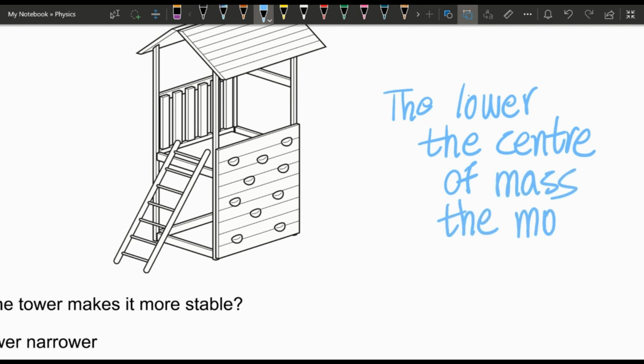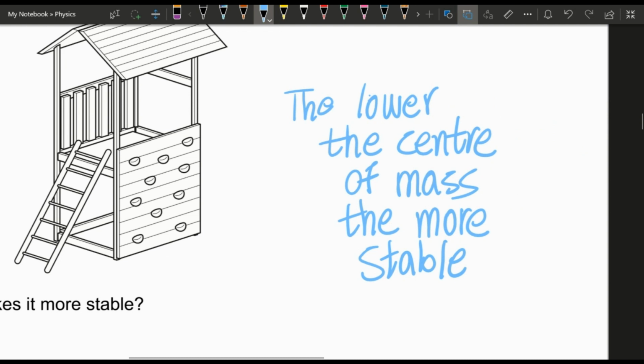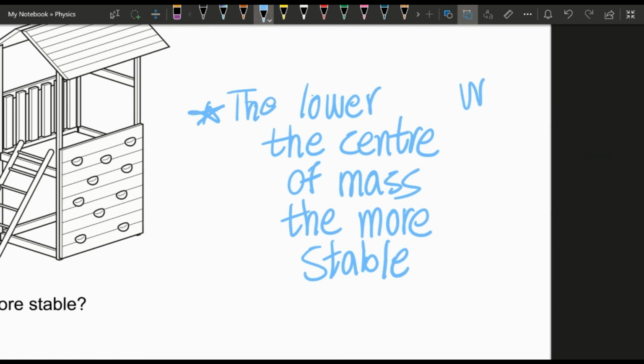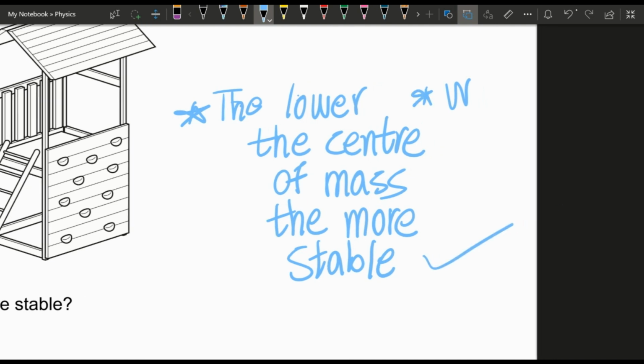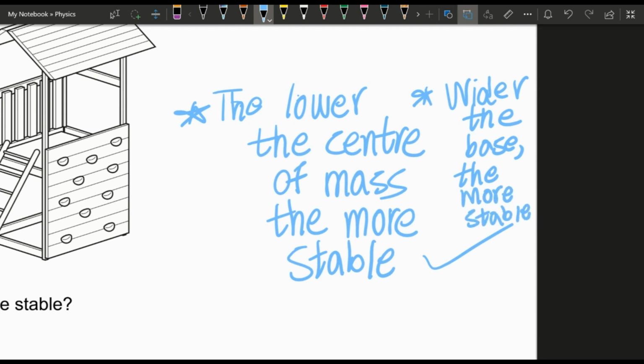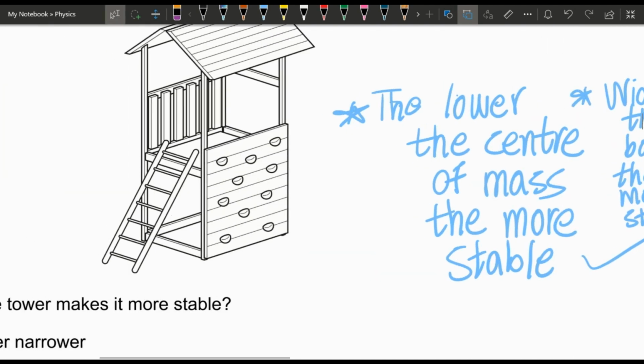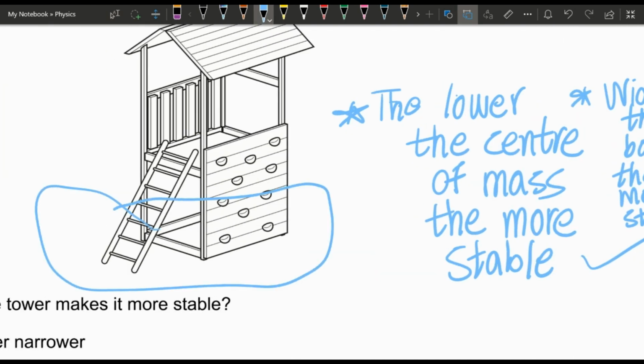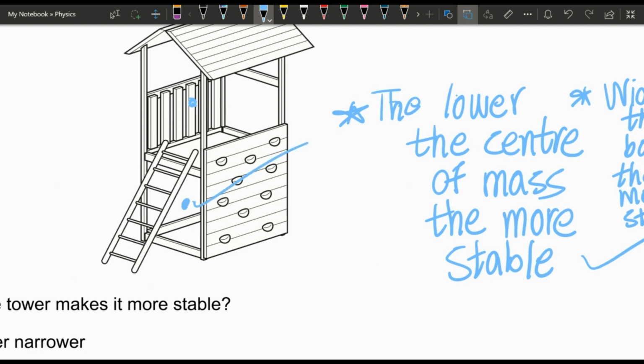So whenever you lower the center of mass, it is more stable, and the wider the base, the more stable, right? So these are two key points. If the base of this tower is wider, then it will be more stable. And if the center of mass is lowered, like if the center of mass was here, now it is lowered over here, which means this will be more stable than this, right?